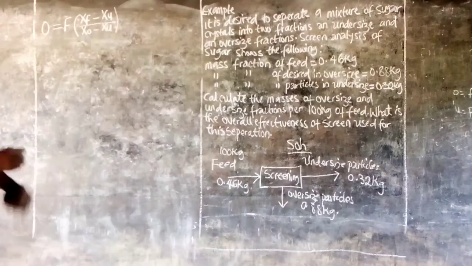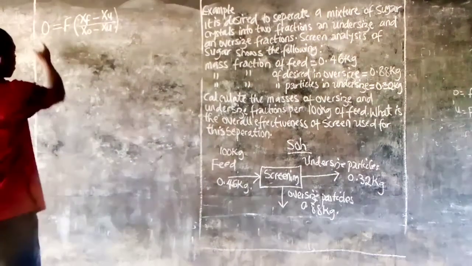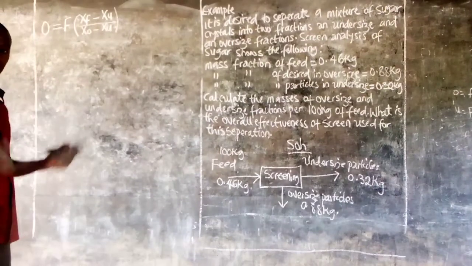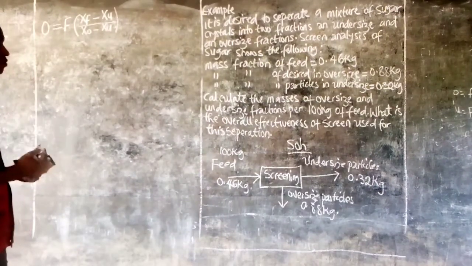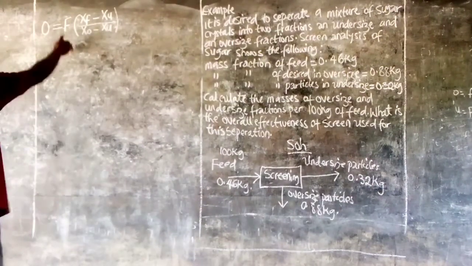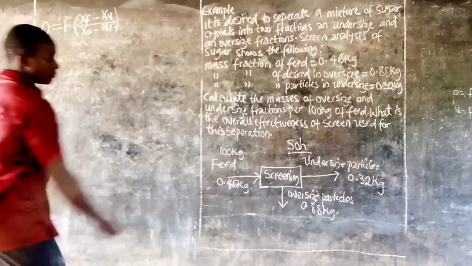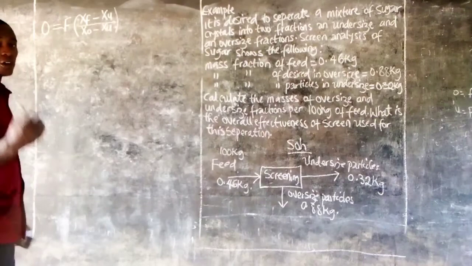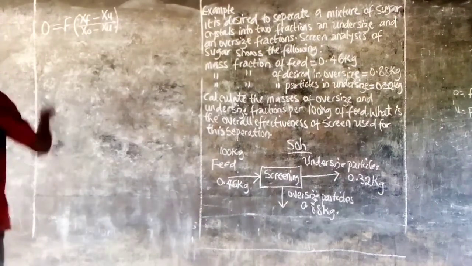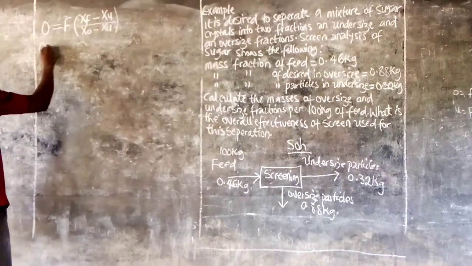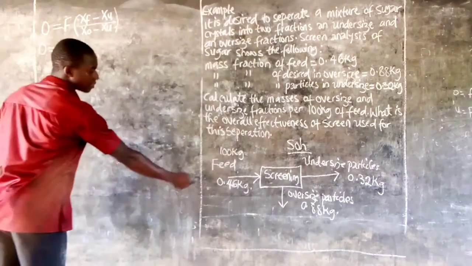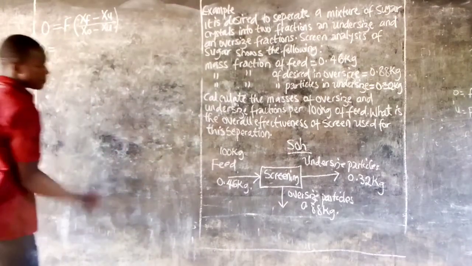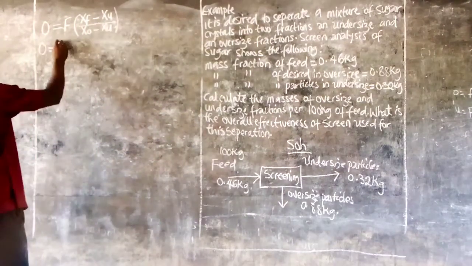With this formula we can calculate our oversized material, that is the mass of the oversized material. F here represents the mass of the feed, and that is 100 kg.